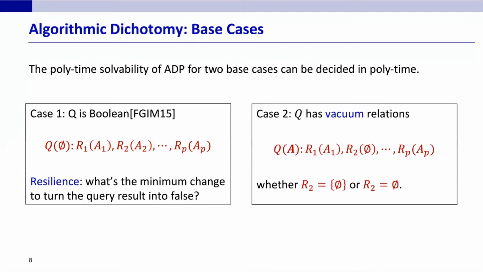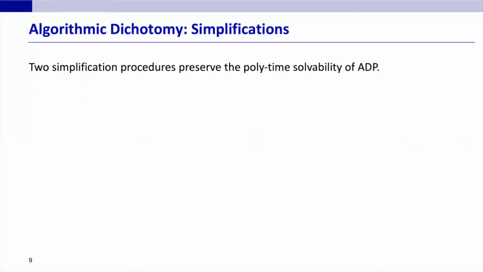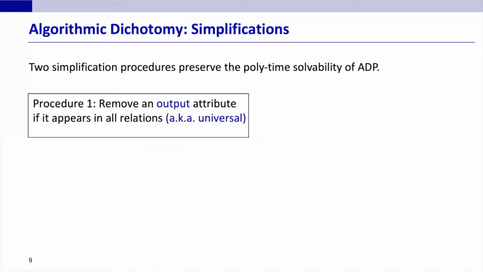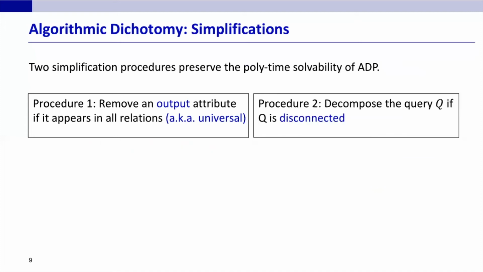If there exists one vacuum relation whose attributes are empty, the ADP problem is always easy. The essence of this decision procedure is two simplification steps: removing an attribute that appears in all relations and decomposing a disconnected query. Both steps preserve the hardness of the ADP problem.